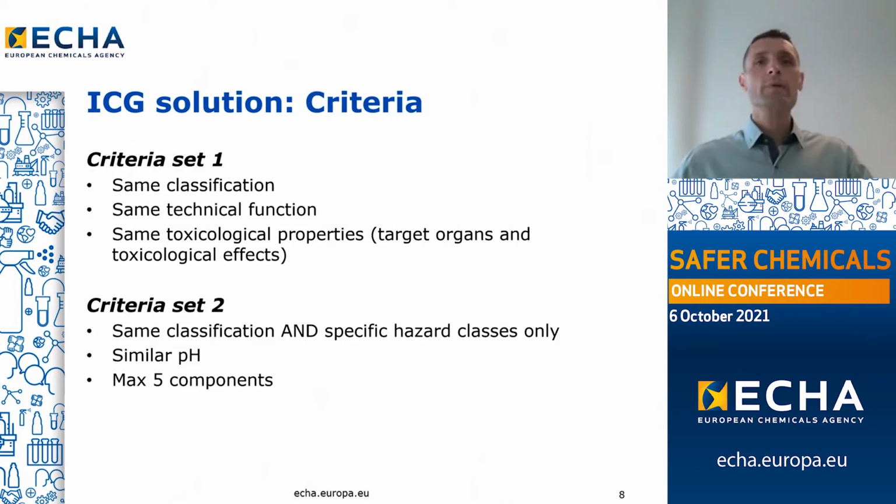So in order to be grouped in an ICG, components have to meet one of the two sets of criteria which are included in Annex 8. The components can be grouped when they have the same classification for health and physical hazard, they have the same technical function in the final mixture, and they have the same toxicological properties.